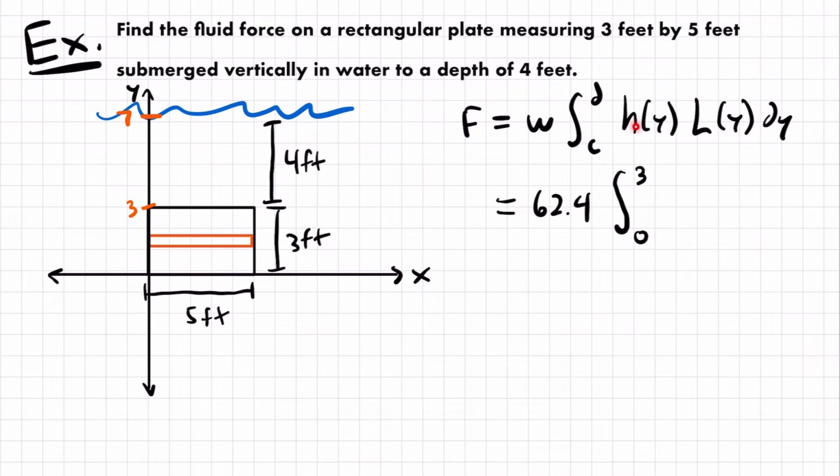Now what about the depth in terms of y? How are we going to represent the depth of our representative rectangles throughout our surface? Well, the value of y that will represent the depth of this rectangle is going to depend on how far below the surface level of the water that rectangle is. And remember, the surface of the water is at y equals 7.